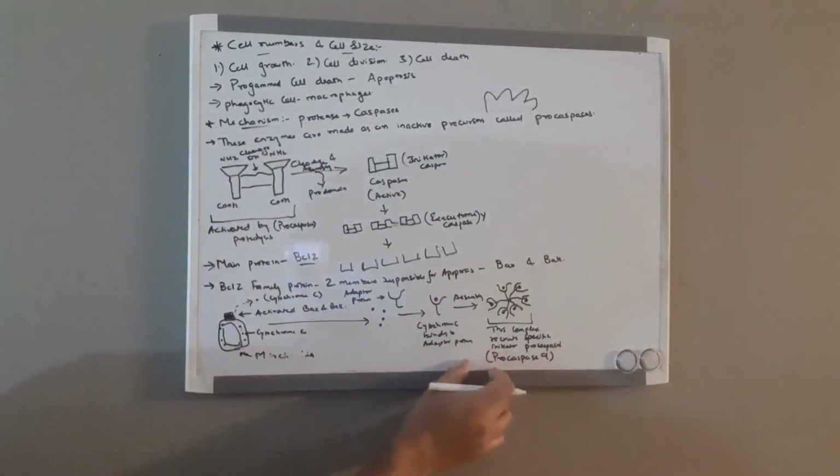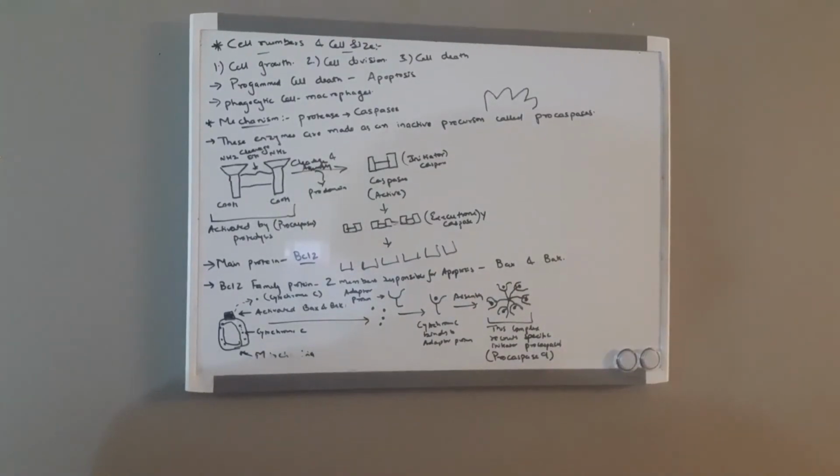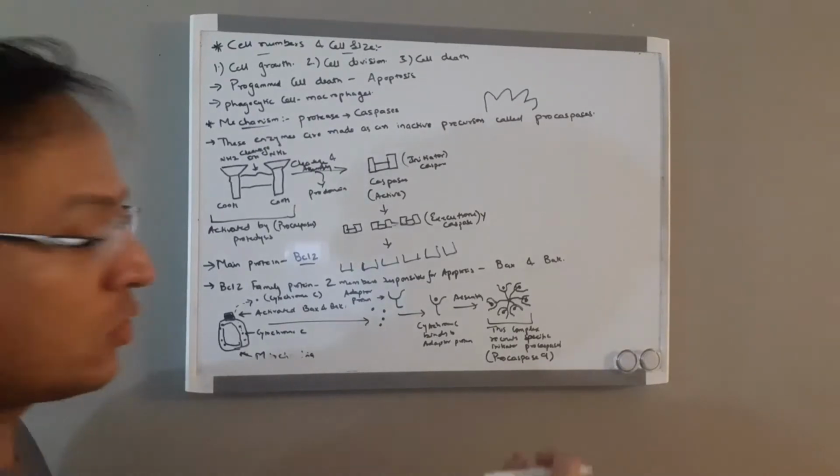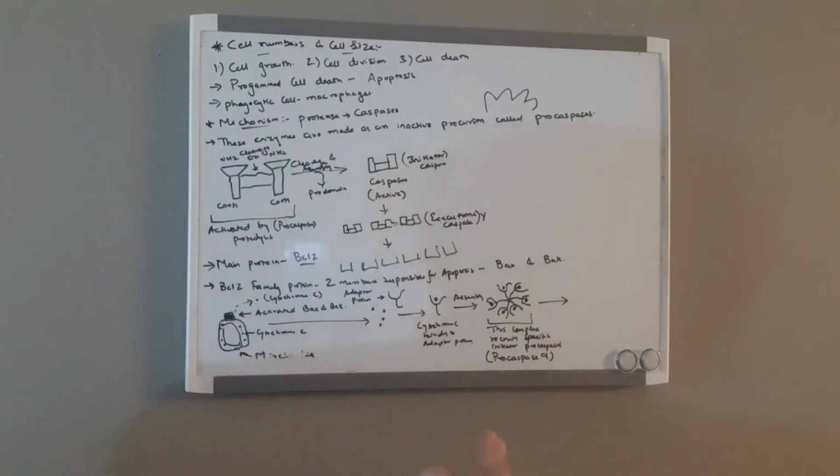They recruit this procaspase 9 to form a structure called an apoptosome.